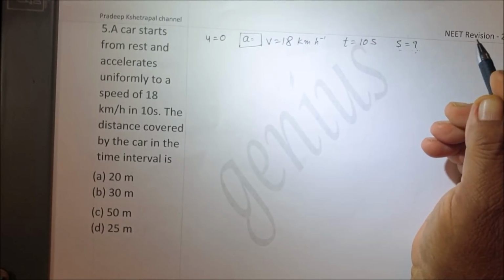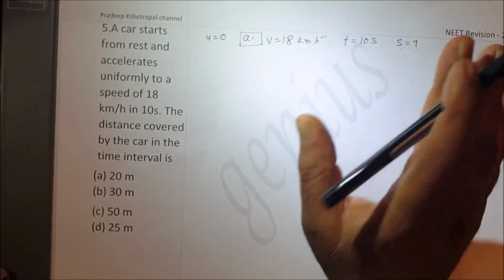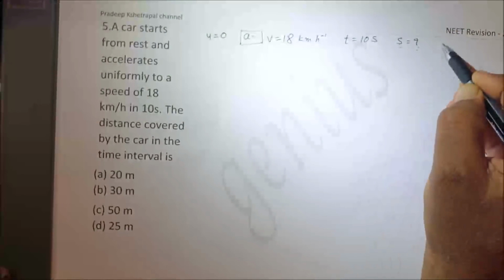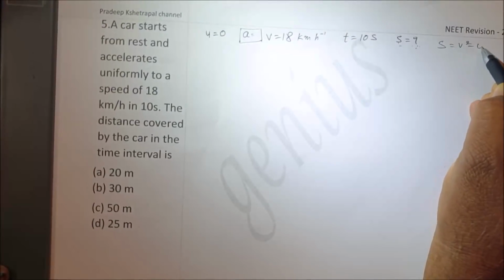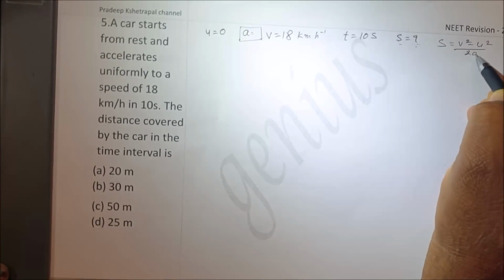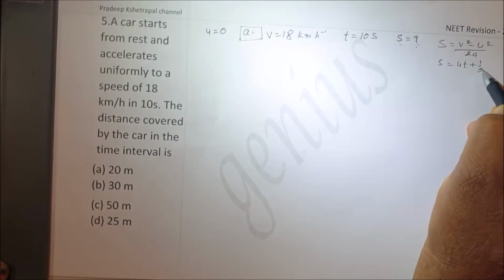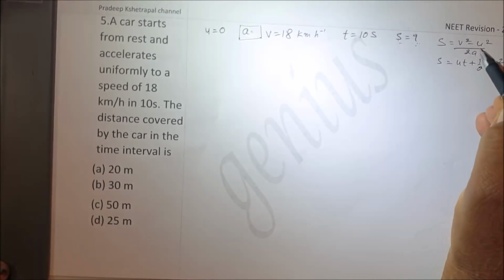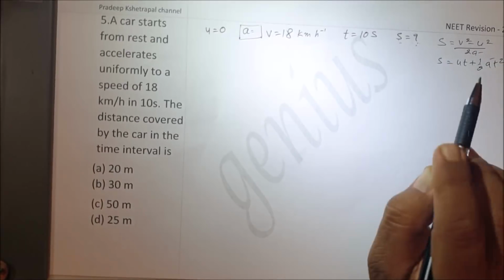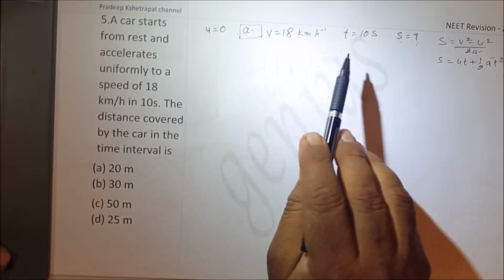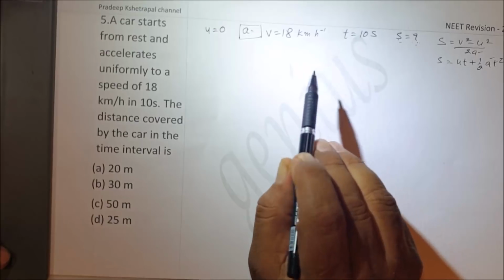One is V square minus U square upon 2A. And other is S is equal to UT plus half AT square, but you will find both need acceleration A, and that is what we don't have. So we have to find A first.